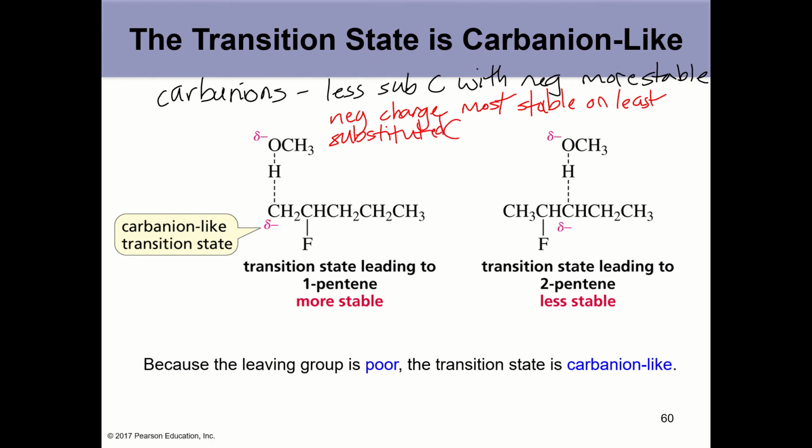And so because we're trying to have stability for a negative charge, that negative charge is going to be the most stable on a primary carbon and the least stable on a secondary carbon. And so the 1-pentene is going to be the major product because of the stability of the charge at the transition state, not the stability of the final product.